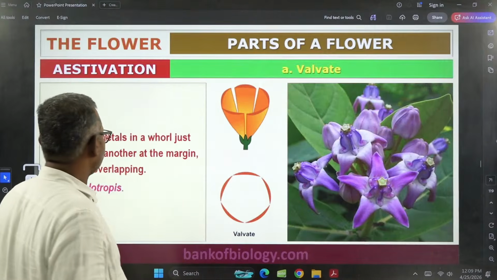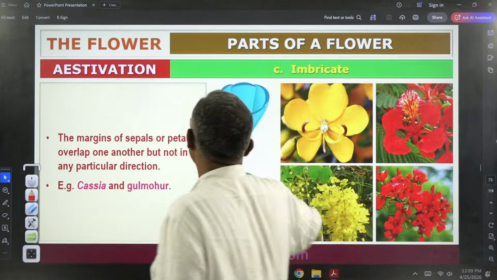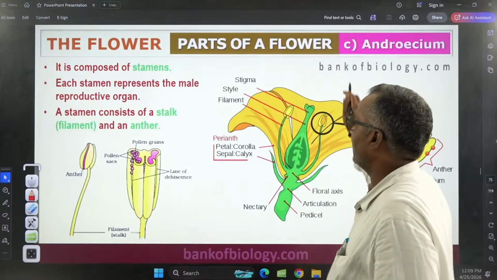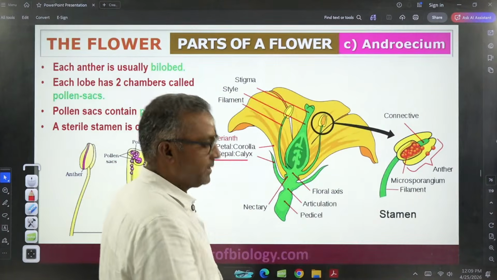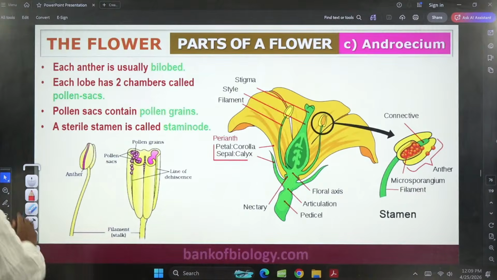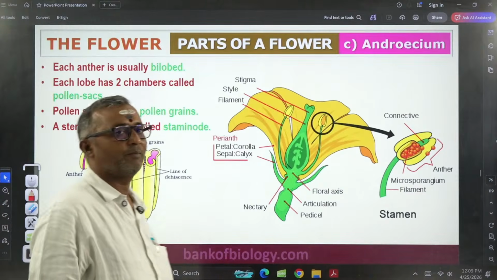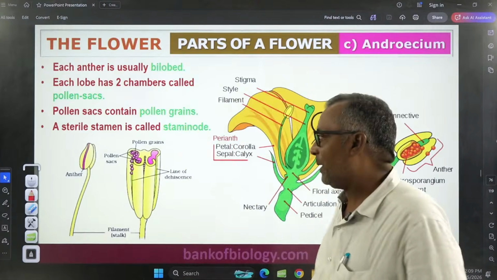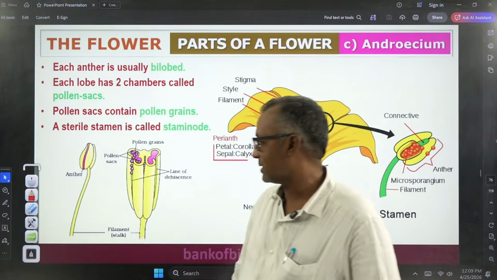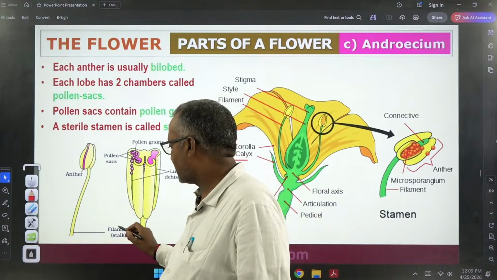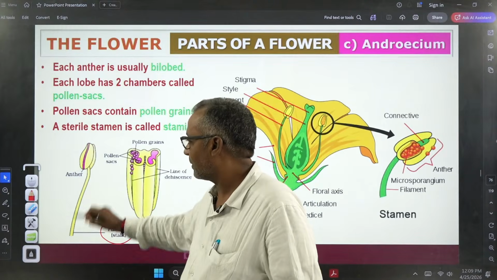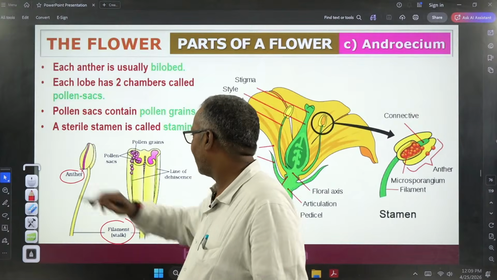Next, when it comes to Androecium, let us go to the Androecium now. Androecium is composed of stamens. Androecium is made up of stamens. A stamen possesses, look at here, two components. One is filament, and the other one is anther.